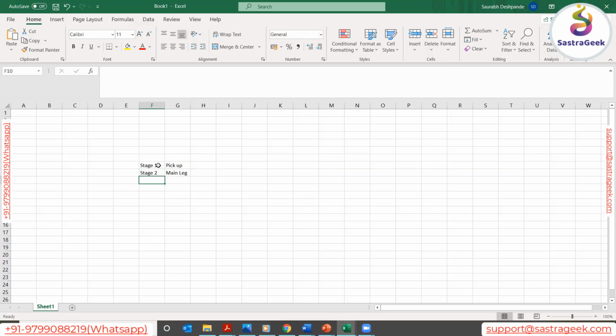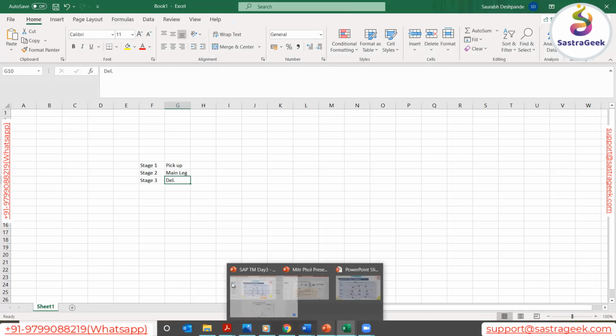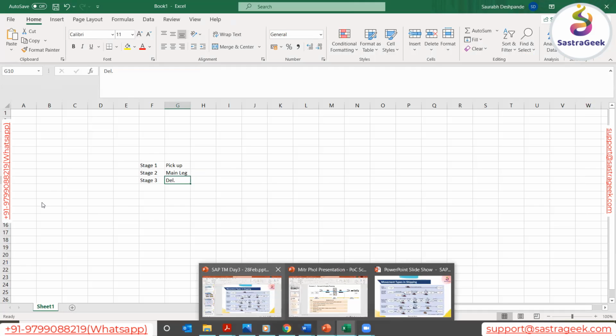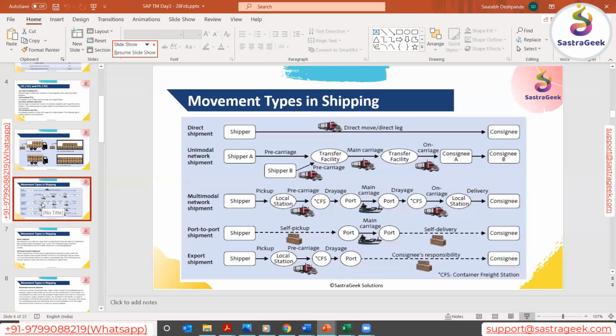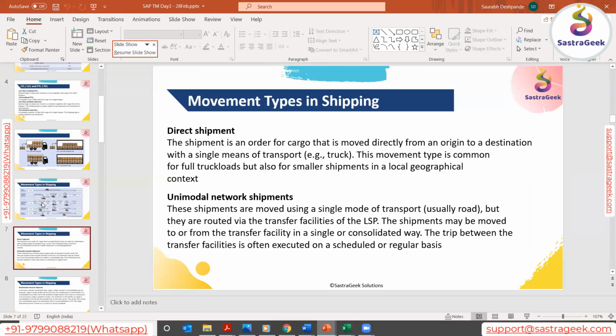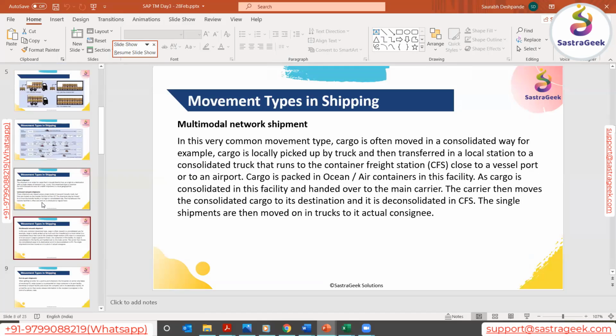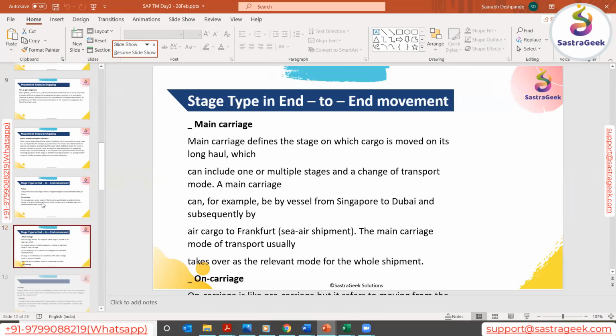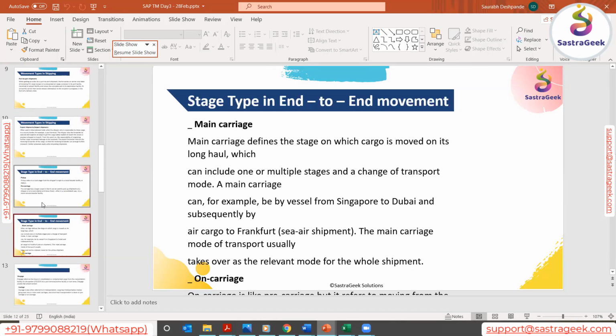We have stage 3, which is delivery to the final consignee. This is how, typically, these are the terminologies used in your typical transport: pre-carriage, main carriage, on carriage and delivery.